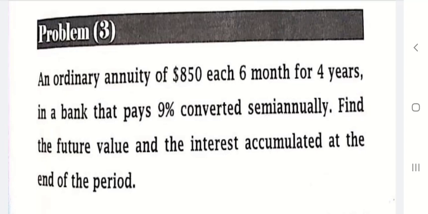In this example, R will be equal 850, and because it is every 6 months for 4 years, there are 8 annuities. In a bank that pays 9% converted semi-annually, J equal 9%, M will be equal to 2, and I will be equal 4.5%. The required here, find the future value and find the interest.